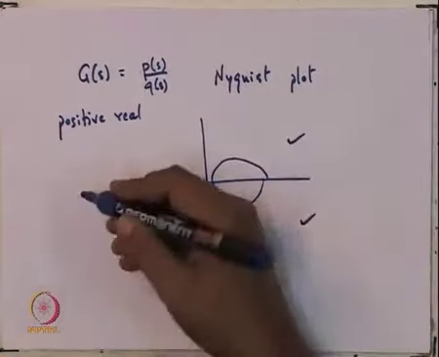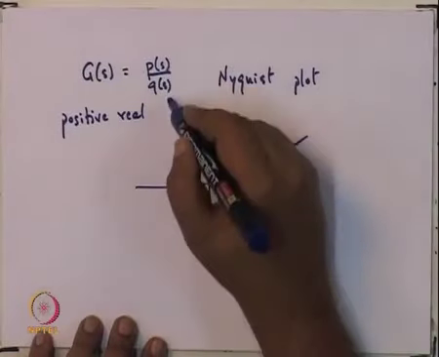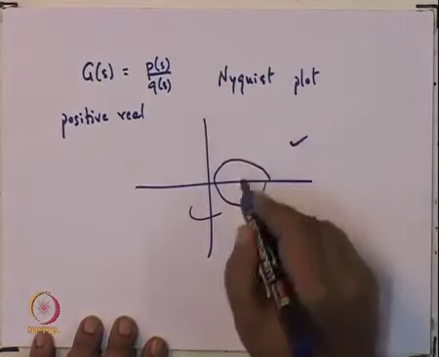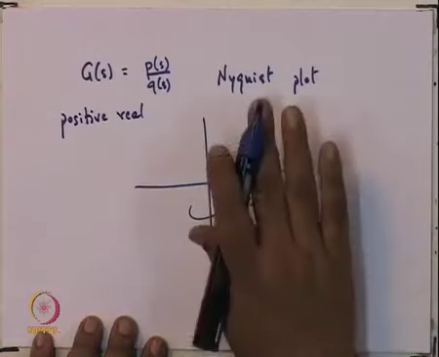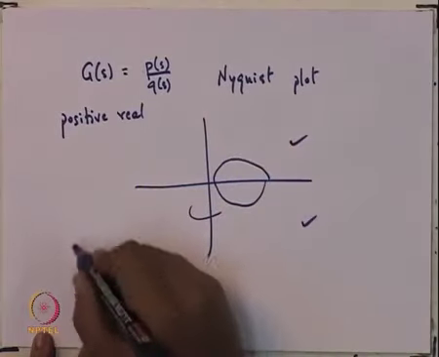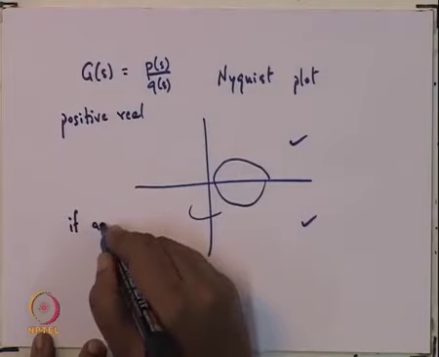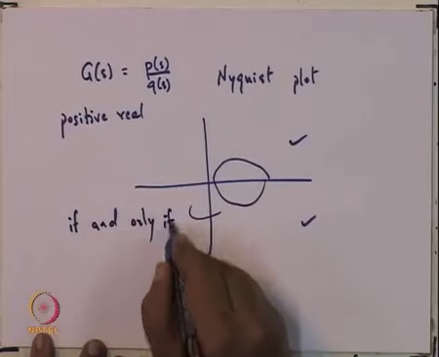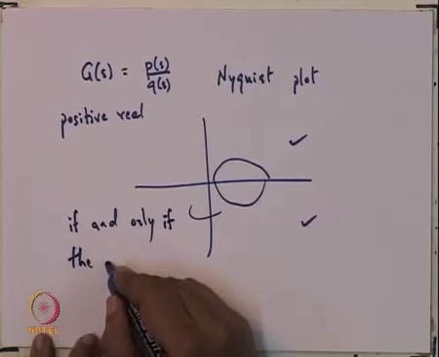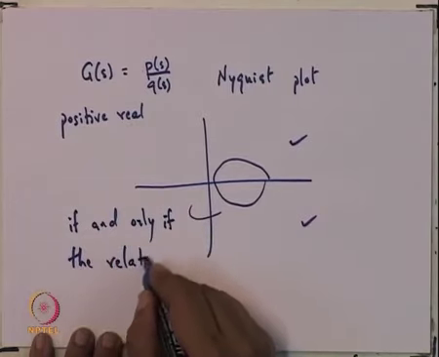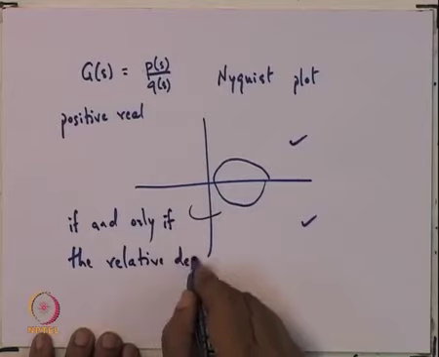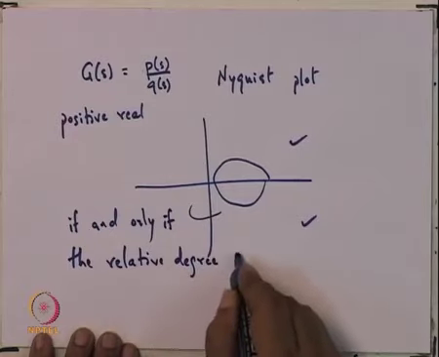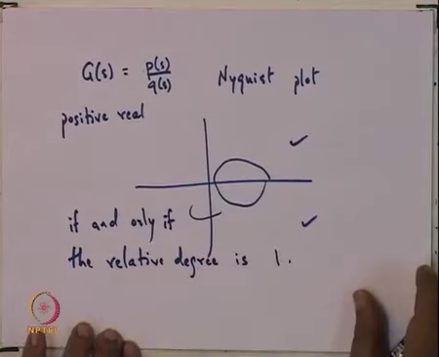So, one observation that you have for single input single output cases is that the Nyquist plot is restricted to this half of the complex plane if and only if the relative degree is 1. Okay.